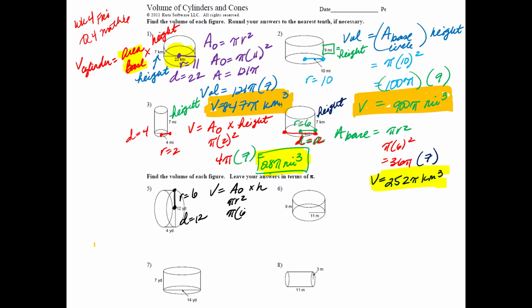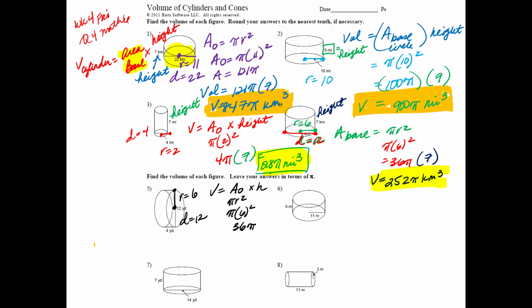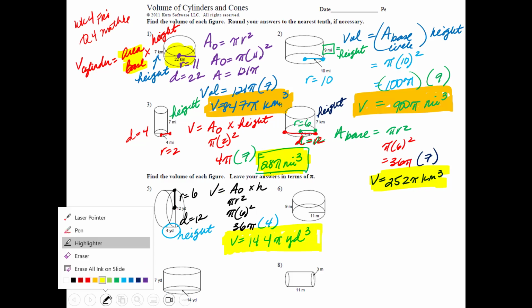So it's pi times 6 squared, which is 36 pi. What is your height? Yeah, because you have to think of it, it's on the side, right? What's 36 times 4? Okay, go ahead and copy it down, please. You need to write down the steps, though, okay? Do you understand me?